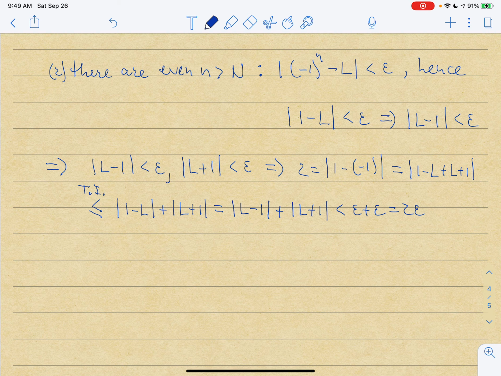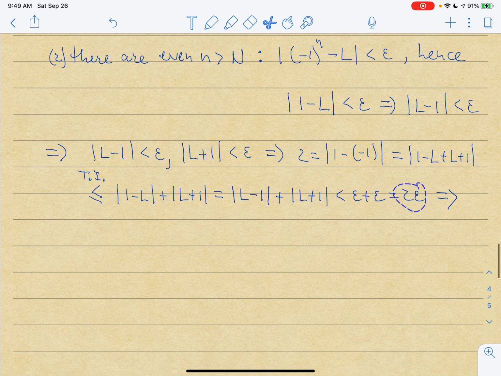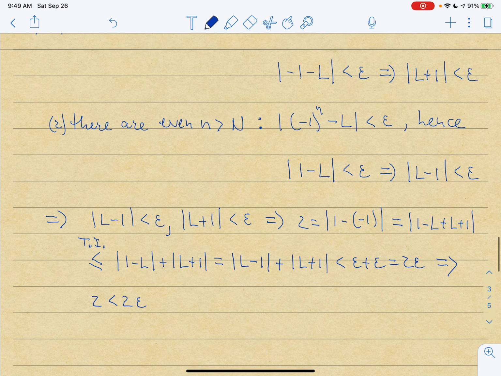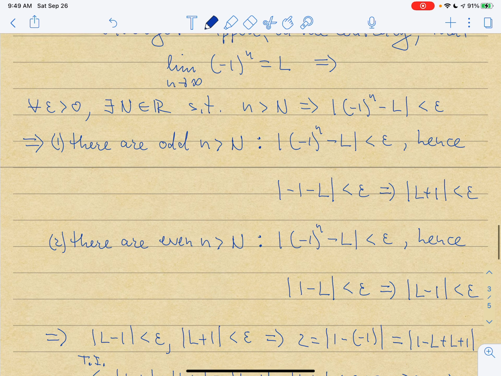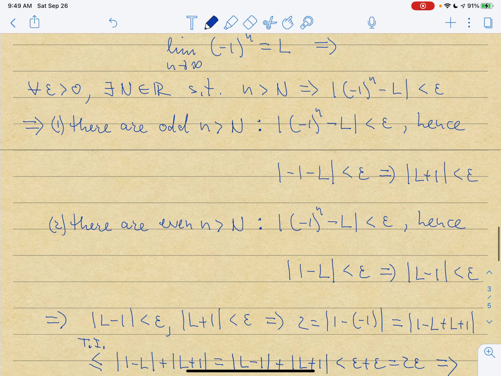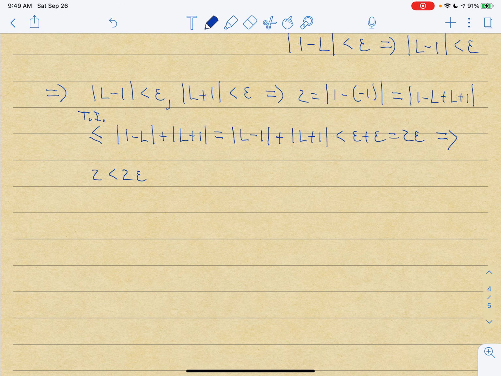Okay? So the conclusion from this, if I follow this chain of inequalities, is that 2 must be less than 2 epsilon. And not only it must be less than 2 epsilon, but my original statement was for any epsilon, right? So that means that what I have found here is that this is true for any epsilon greater than 0. Right, and this is clearly false.